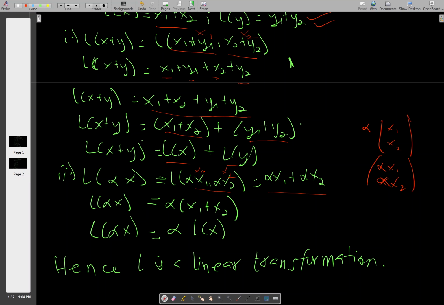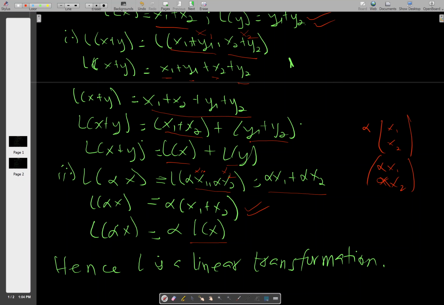We can factorize alpha out, so we have alpha times (x1 plus x2). And we know that x1 plus x2 is L of x. Therefore L of alpha x is given by alpha L of x. And hence, L is a linear transformation, right?